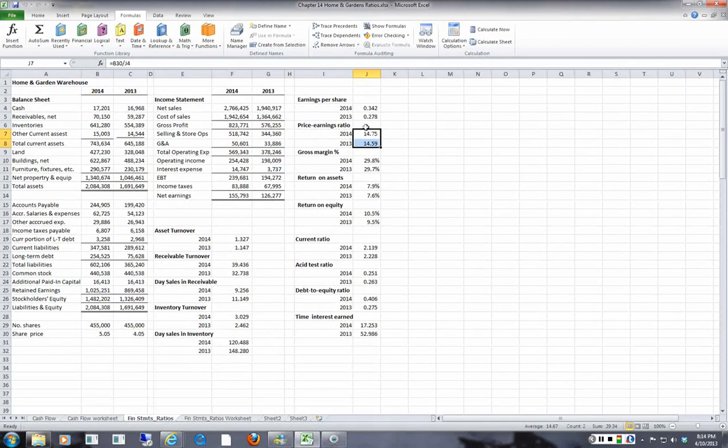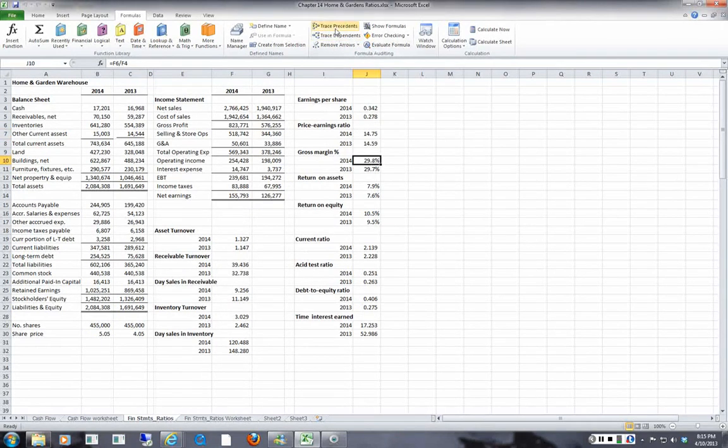Now, the price earnings ratio is you take the share price of $5.05, and you divide that by earnings per share, so you come up with a 14.75, and it's a little better than it was the preceding year, but that's really quite important.